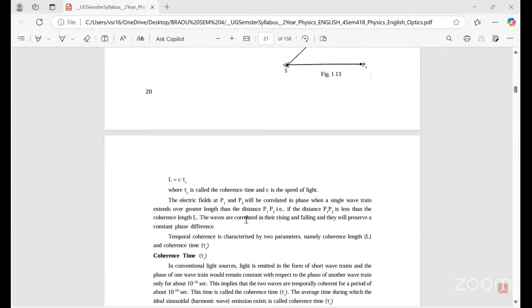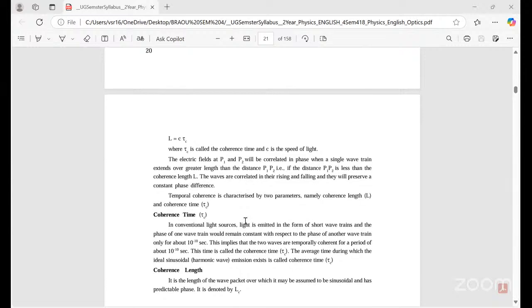If L equals c tau c, tau c is called the coherence time and c is the speed of light. So temporal coherence is characterized by two parameters: one is the coherence length, capital L, and the other is the coherence time, tau c.